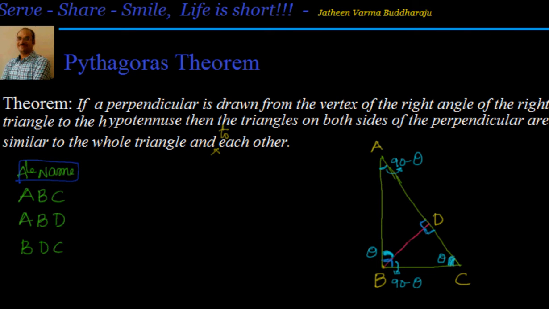Now I'll give angles here. What are the angles we have? Theta, 90, 90 minus theta, right? Okay, let us say theta, 90, 90 minus theta.